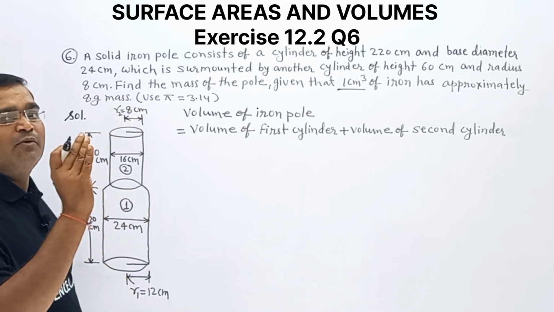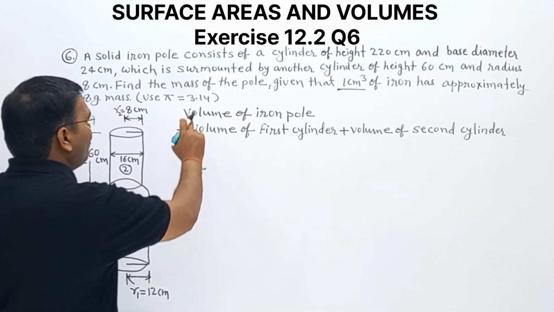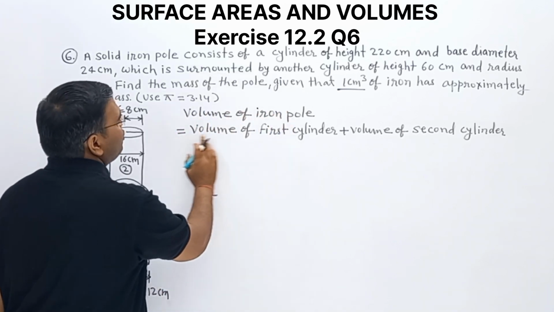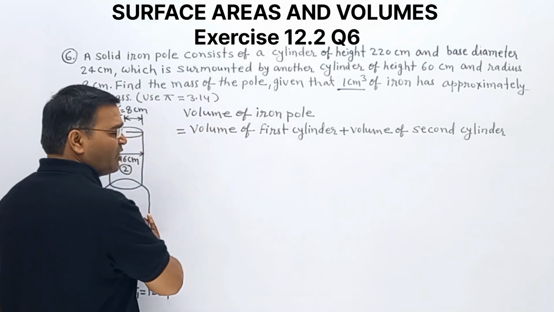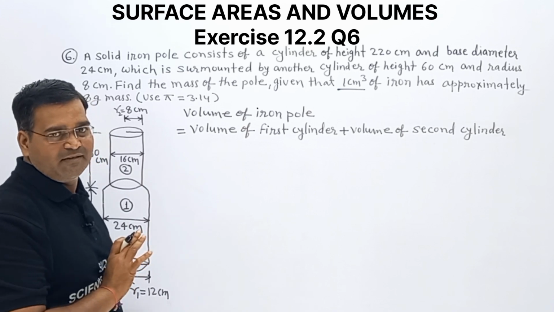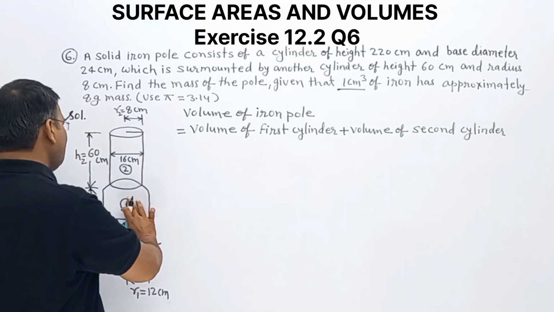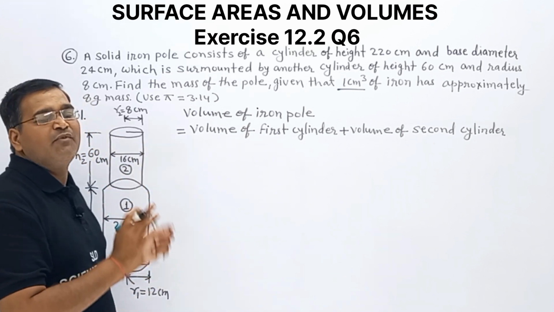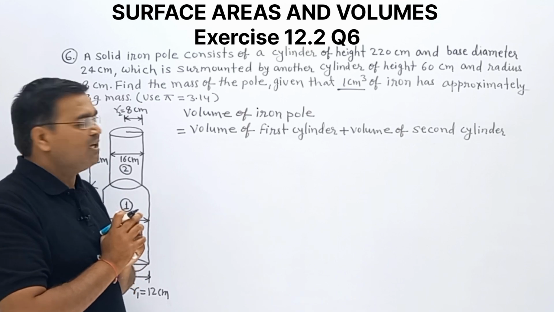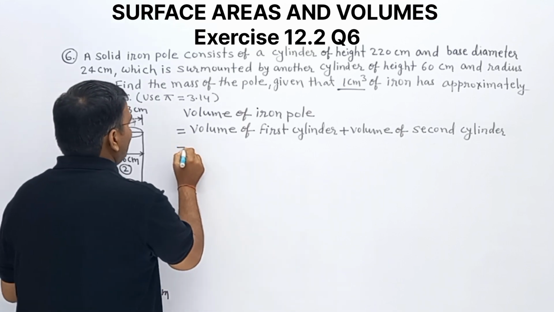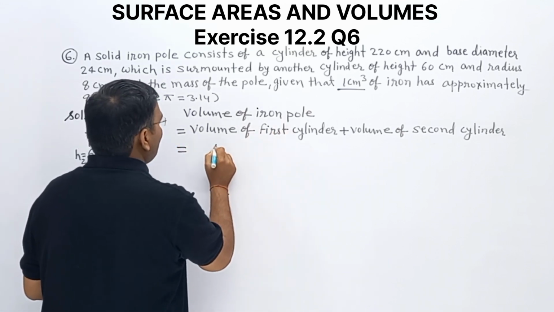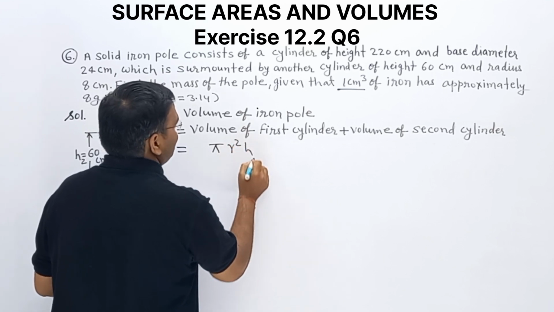Now we require the total volume. Volume of iron pole equal to volume of first cylinder plus volume of second cylinder. Both cylinders' volume once we add, then we are getting total volume. Clear? Now write the formula. Volume of a cylinder is pi r square h.